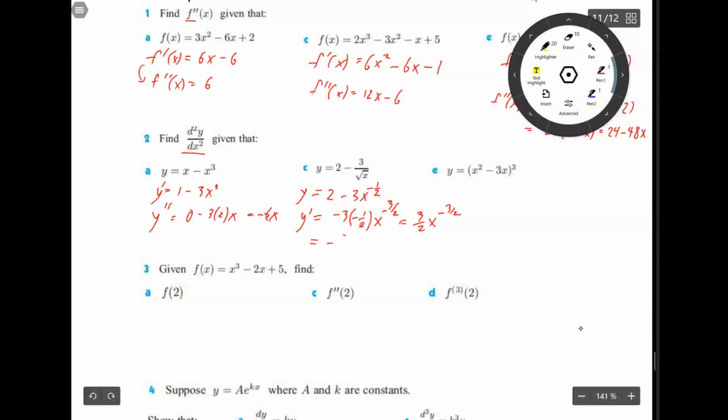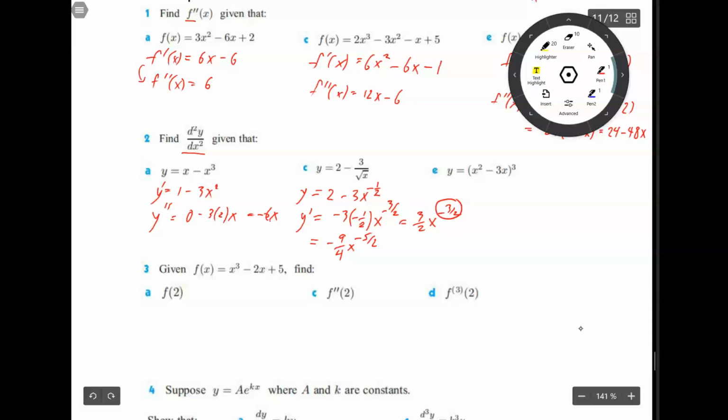So it'll be negative 9/4 x to the negative 5/2. So what I did was I took the exponent, negative 3/2, I put it right next to 3 halves, I multiplied them together, and then I reduced negative 3 halves by 1. I ended up with negative 5 halves, right?